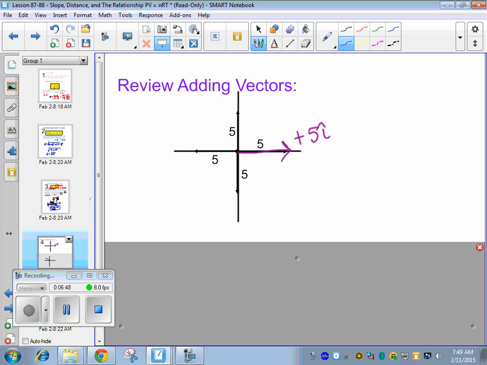Okay? And if we're going straight up, is this the I or the J? This is the J, and it's positive, so plus 5J, and you would add nothing to the I. Okay? And if we're over here on this axis, what do you think we're going to do instead of plus 5I?